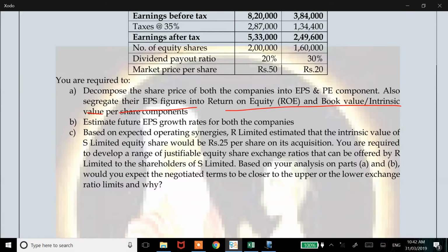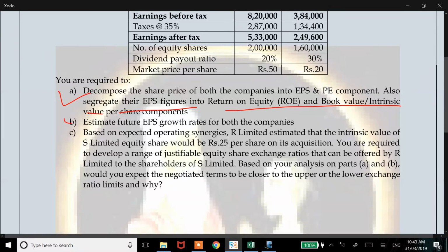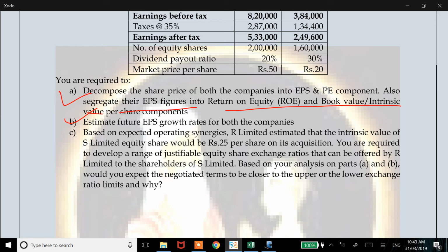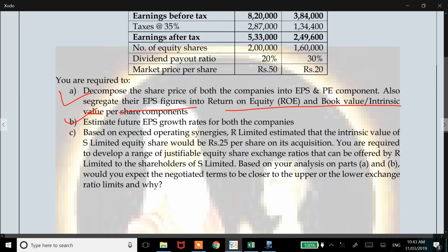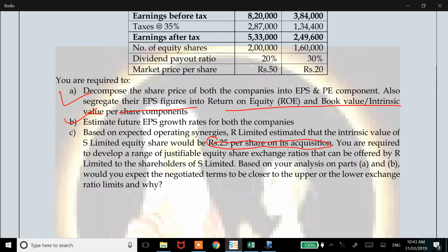Now listen, we are done with this too. This is slightly a tricky area. Based on expected operating synergy, R Limited estimates the intrinsic value, the real worth of the company, which is 25 per share on its acquisition. You are required to develop a range of justifiable equity share exchange ratio that can be offered by R Limited to S Limited. Now, the exchange can happen based on multiple parameters.